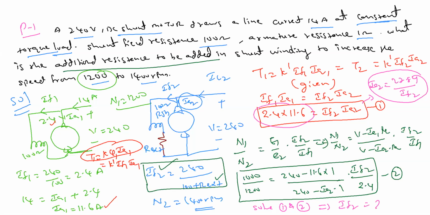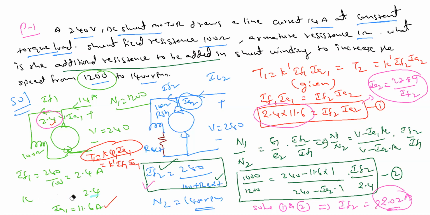So anyway, the value will be, I don't know if you have done, so around, let me move on. So 2.02 amps. The field current at first is 2.4, so it should be lower, around 2.2 amps. Once you get the IF2 value, substitute it. Let's say you take 2.